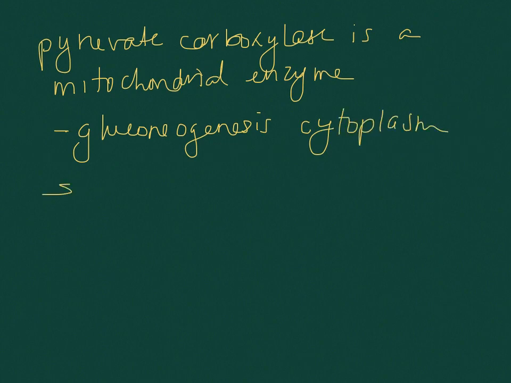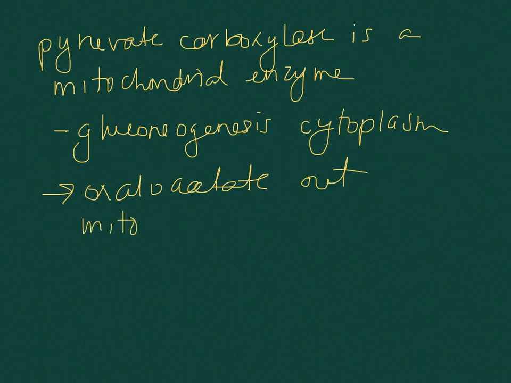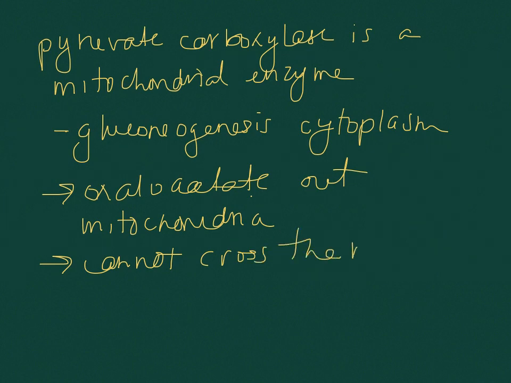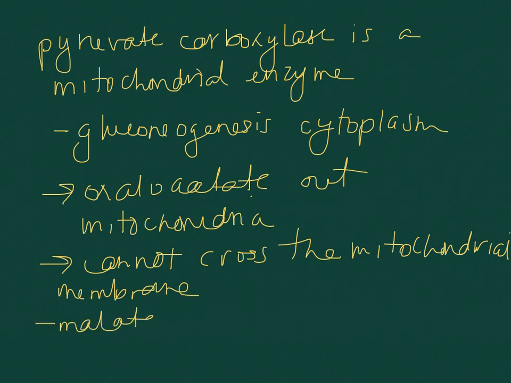So we have to get the oxaloacetate out of the mitochondria. Now, oxaloacetate cannot cross the mitochondrial membrane. So we use what's called the malate shuttle to get oxaloacetate across.